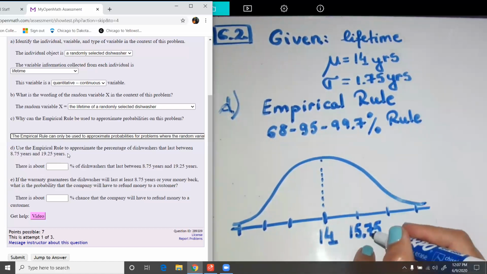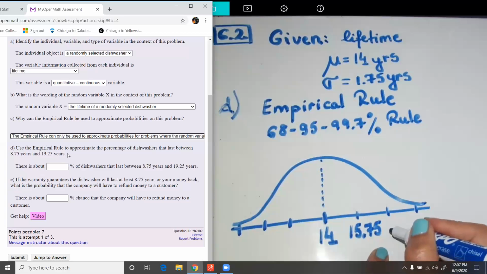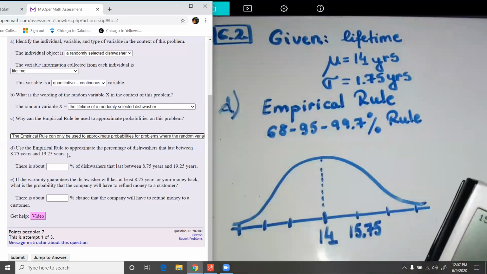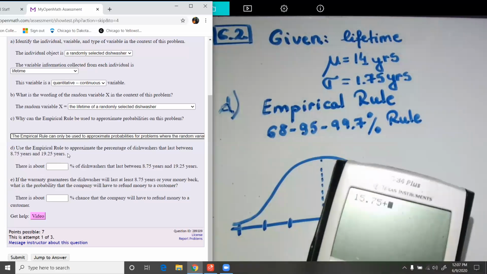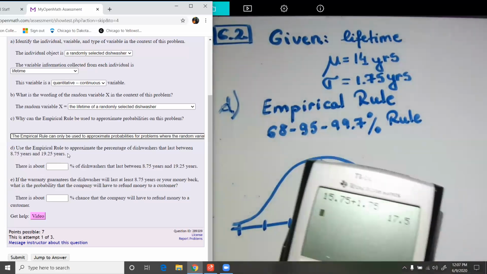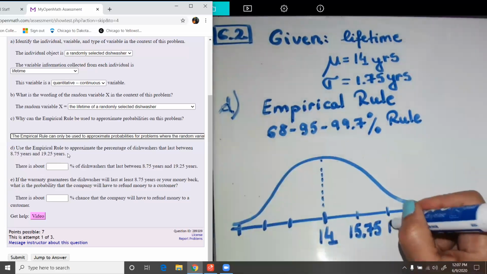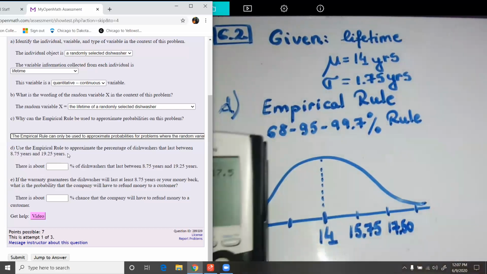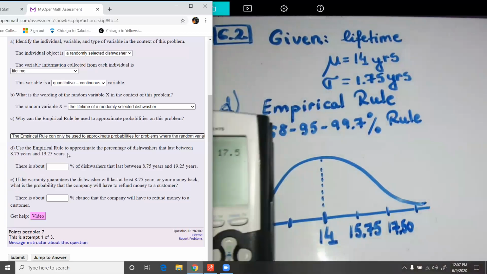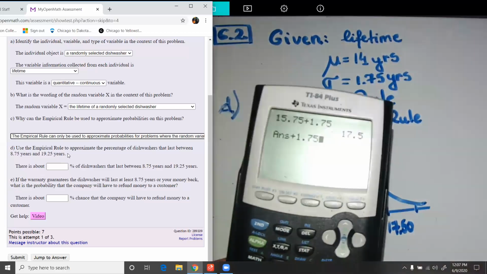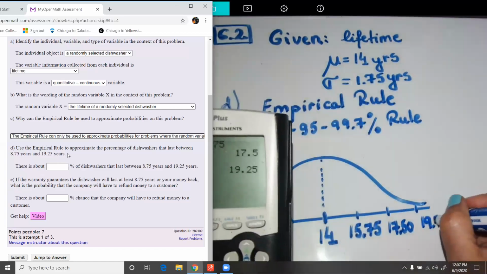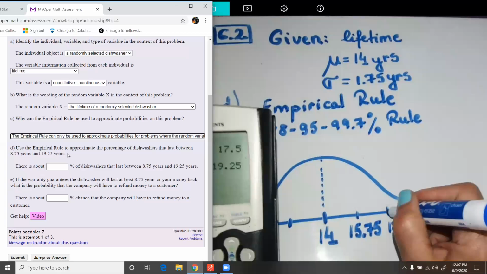Now 15.75 plus 1.75, it will give us the value located, and I will use the calculator for that, 17.50. This value is located 2 standard deviations from the mean. And if I keep adding 1.75, I'll get 19.75. This value is located 3 standard deviations from the mean.